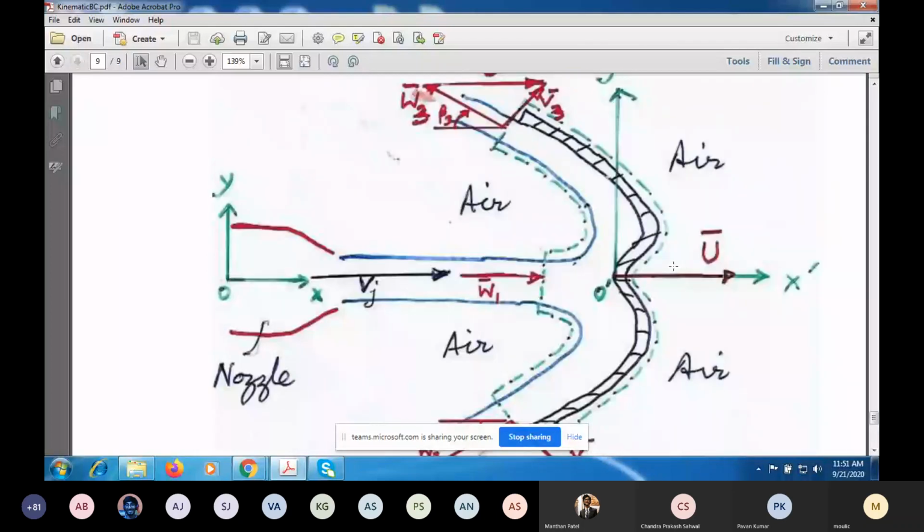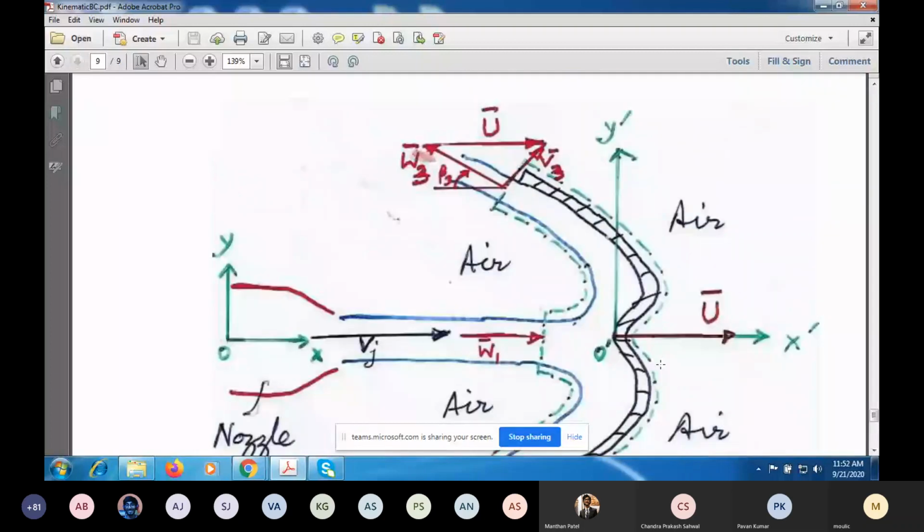So here in this figure, I have used O prime, X prime, Y prime as a coordinate system attached to the moving bucket, such that O prime X prime is parallel to OX and O prime Y prime is parallel to OY. But the origin O prime here is moving to the right with vector velocity U.